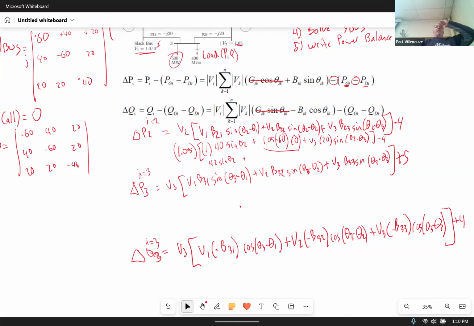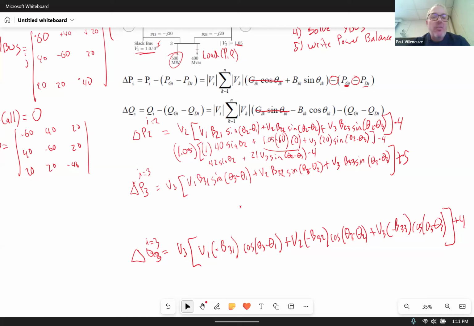Let's see, 5 times 20 is 100, so move over 1, that becomes 10. Yeah, so it's 21 times V3 sine theta 2 minus theta 3 minus 4. That's my equation simplified down as much as I can. Okay, can't get any more simplified than that.